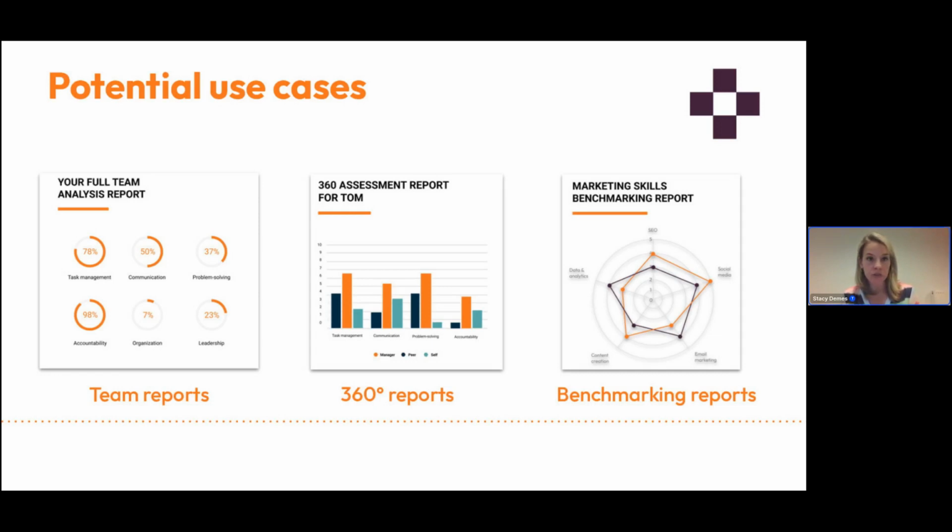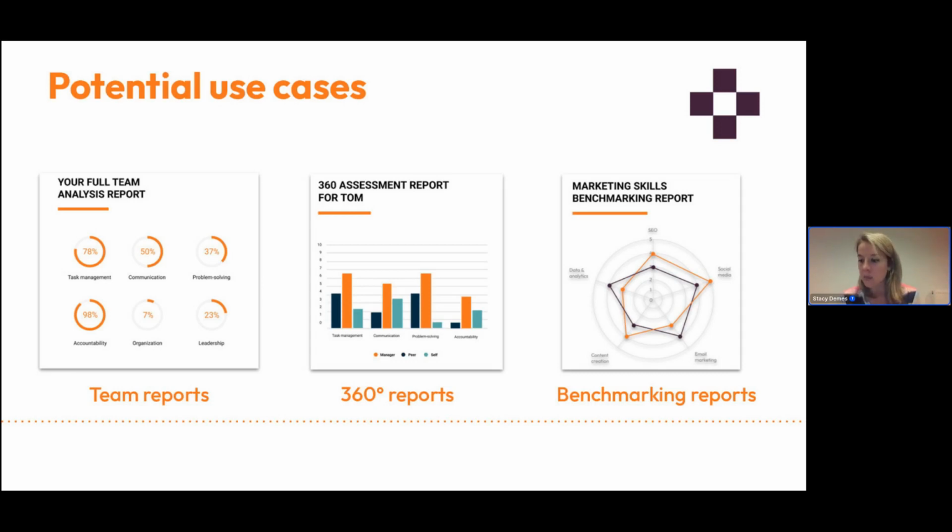Potential use cases within this aggregate reporting group could be that team report, where you're giving scores per category based on an entire team's assessments. The 360 reports are when we get into comparisons of different groupings: the self, the manager, the peers, the direct reports. And then there are benchmarking reports.